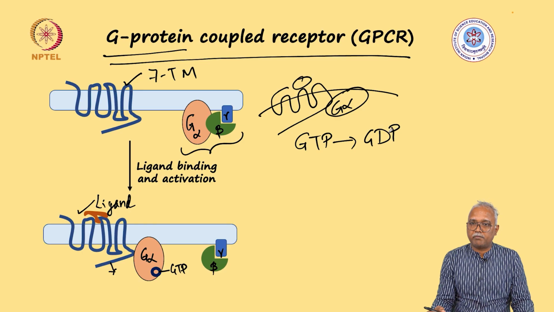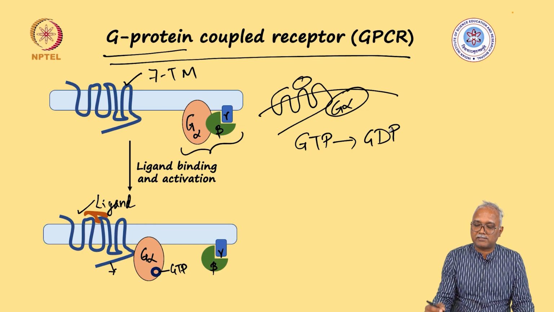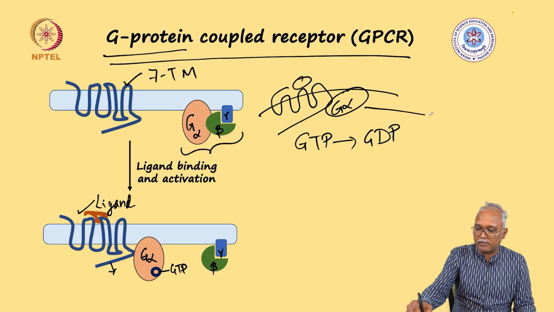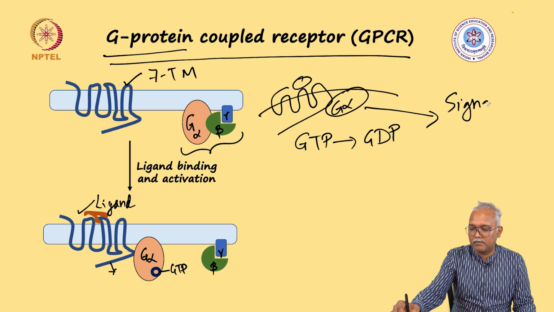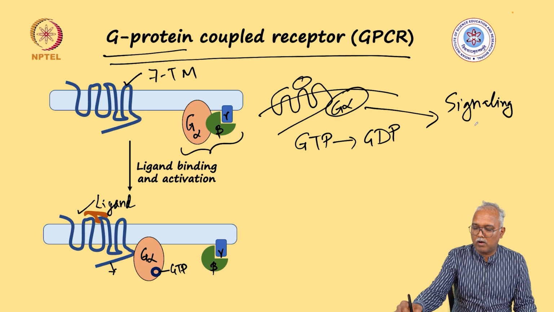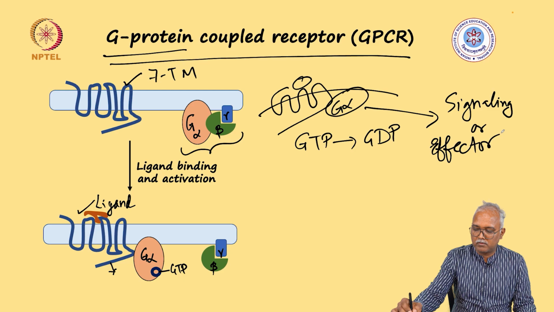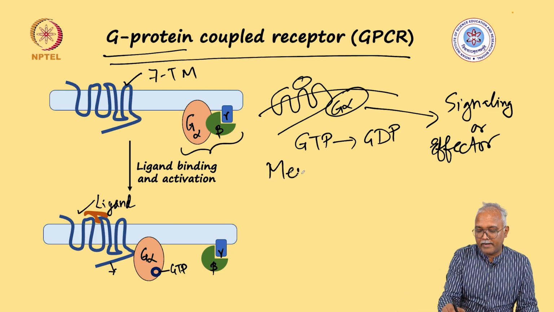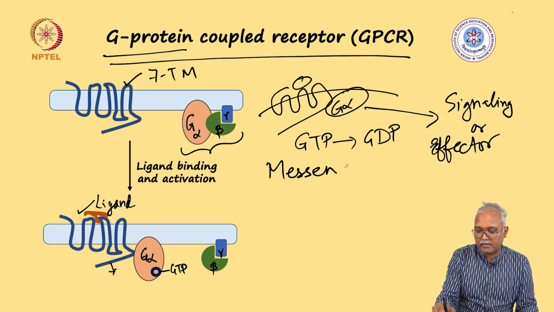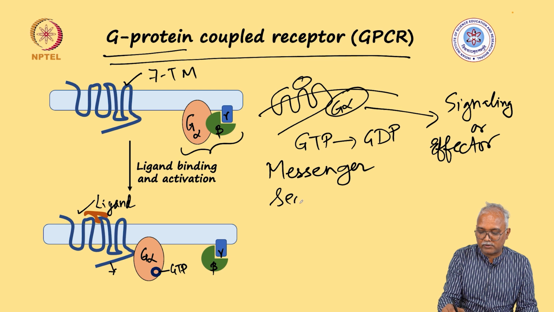This energy brings the conformational change as well as recruits the next set of molecules, you can say signaling or effector proteins. Also here sometimes the next molecule generated is called a messenger, secondary messenger.